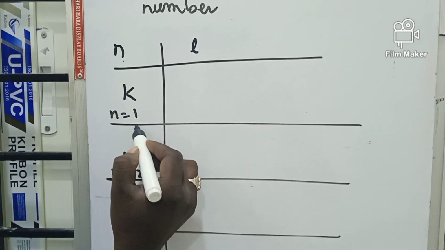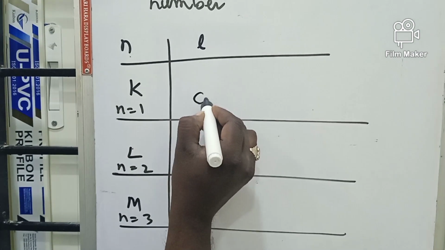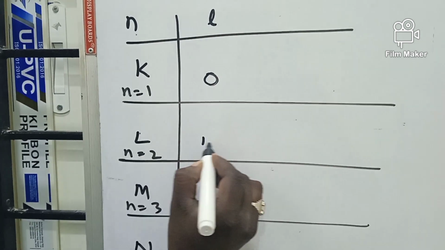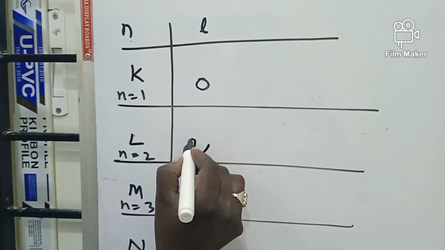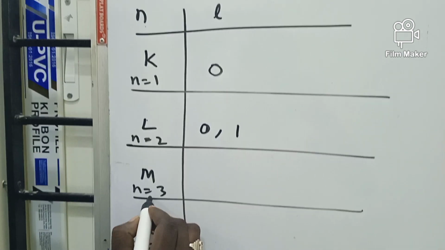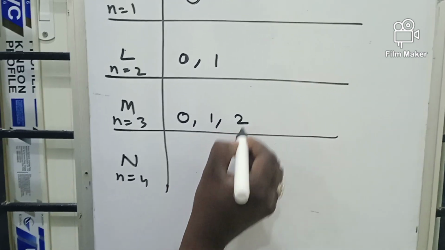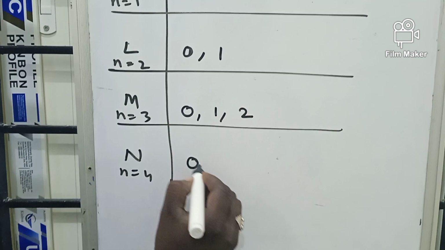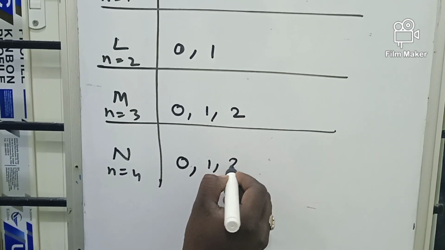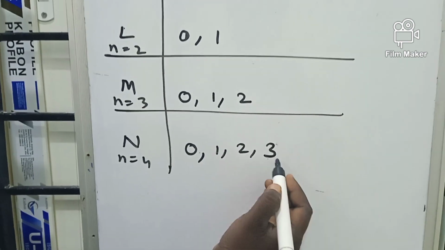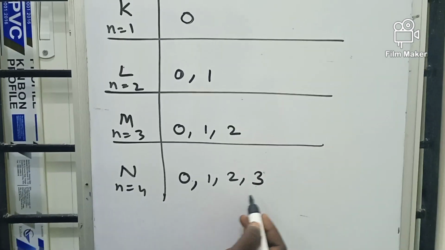For n equal to 1, l value is 0. For n equal to 2, l values are 0, 1. For n equal to 3, l values are 0, 1, 2. For n equal to 4, l values are 0, 1, 2, 3. For n equal to 4, four values are there, but up to 3 only, n minus 1.